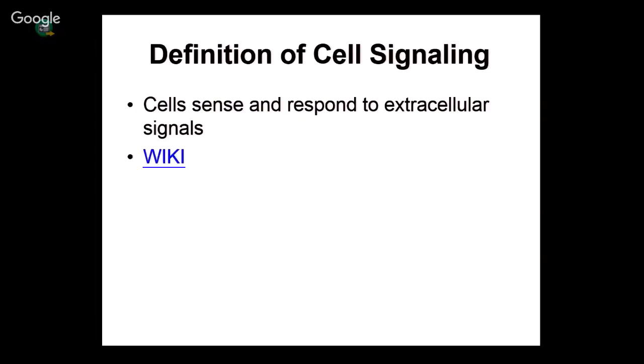That way, you can change the cell shape or other things, producing a permanent response. It doesn't matter whether it's transient or permanent, there is a very important criterion for cell signaling, that is the specificity.